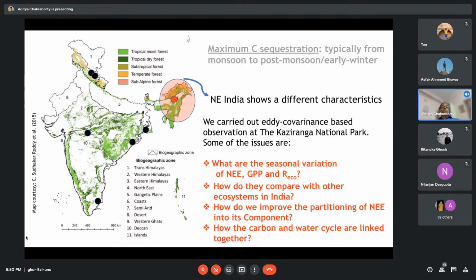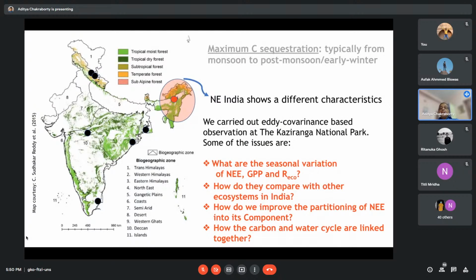As I told you, we measure only one component, NEE, and then through a numerical process, NEE is decomposed into two components. One is the GPP, that is the total amount of carbon synthesis, and another component is the total amount of carbon released through the process of respiration. So this is called the partitioning of NEE.